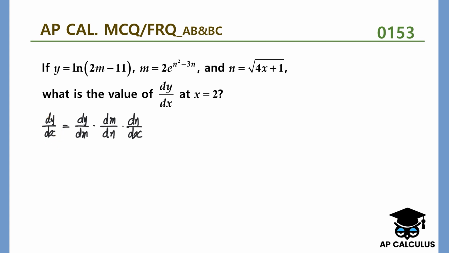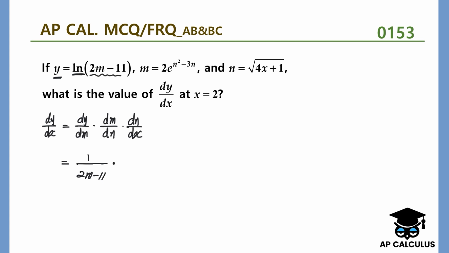So let's first find the derivative of the function y, the derivative of y with respect to m. So that's going to be equal to, here, the derivative of this is 1 over 2m minus 11, right? Because of this natural log, times the chain rule.